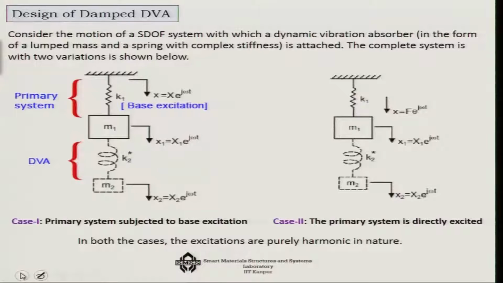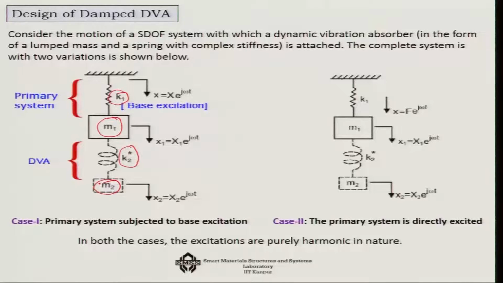Here we have the primary system as shown, where K1 is the stiffness instead of Kp, and we denote it as K1. M1 is the mass, then K2 star is the complex stiffness, and M2 is the mass of this secondary system.